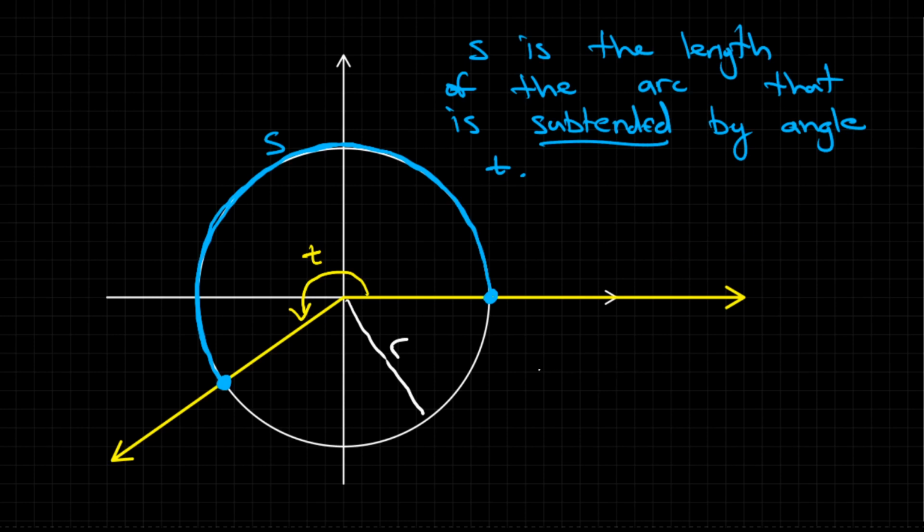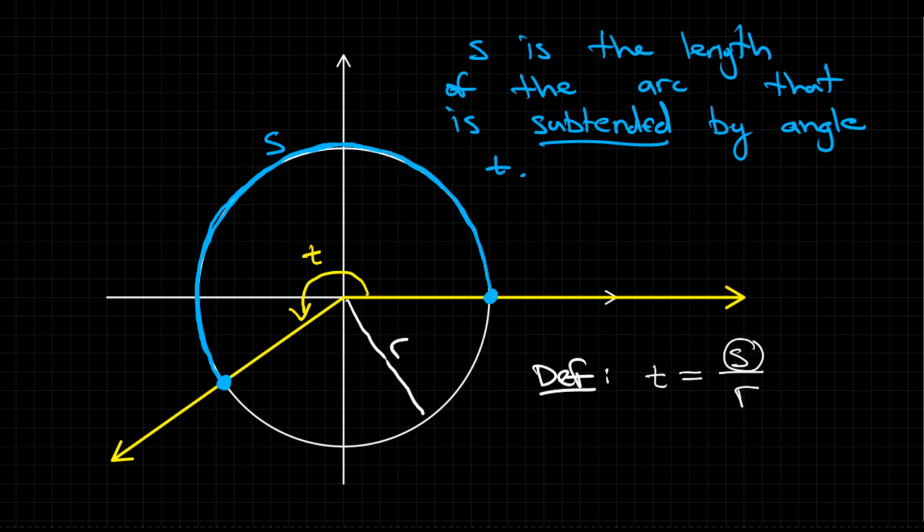Definition: t, the radian measure of this angle that I've drawn, is equal to s divided by r. So it's the length of this arc that is subtended by the angle divided by the radius of this circle.